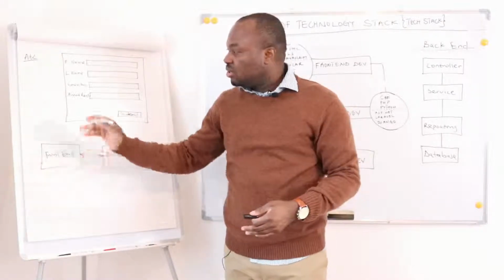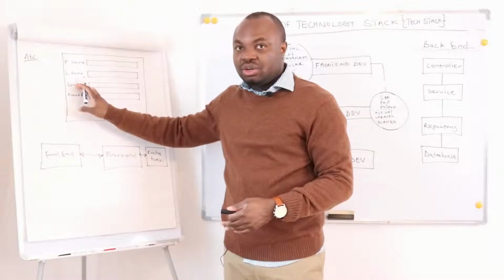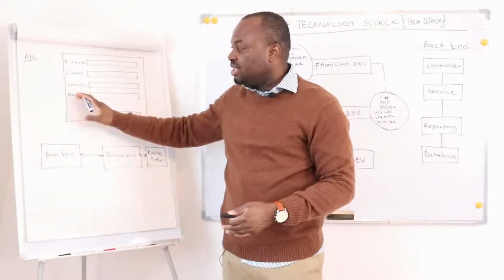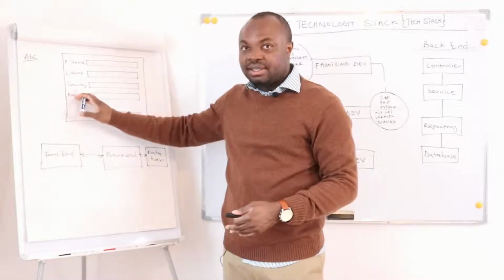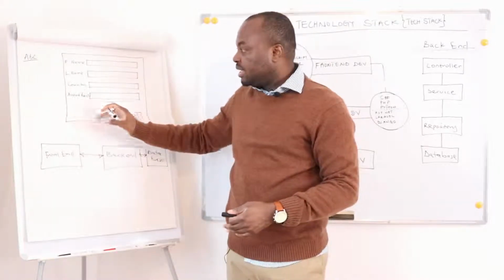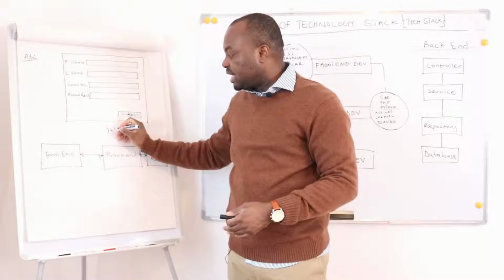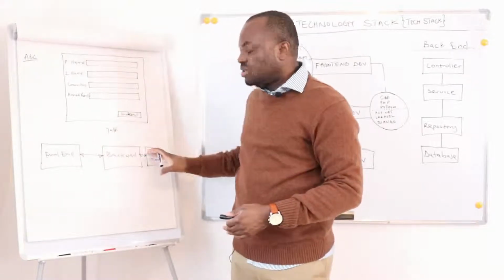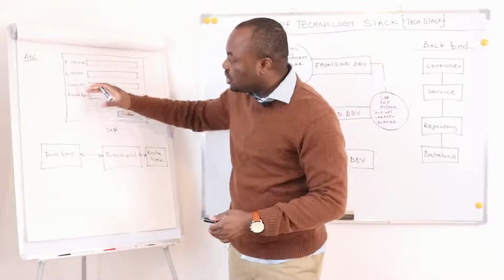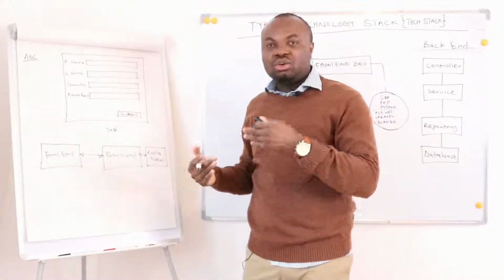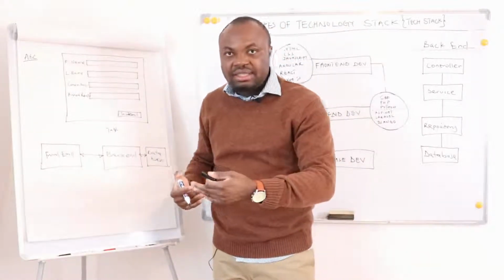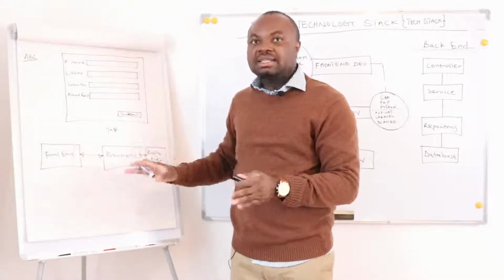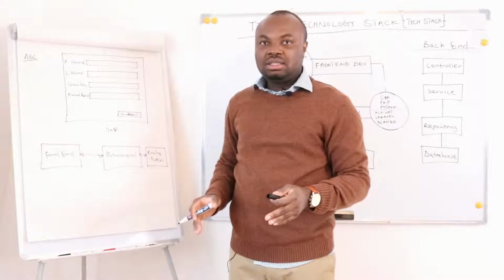Then the backend will use the country code to get the tax rate, multiply the tax rate with the rent, generate the effective tax, and then save all this information with the tax on the database. So this calculation of getting the country code, calculating the tax, and saving the tax, that's the kind of thing you do at the back end.